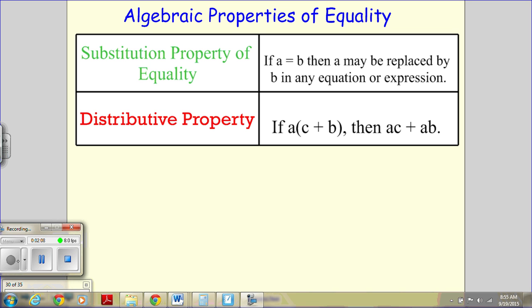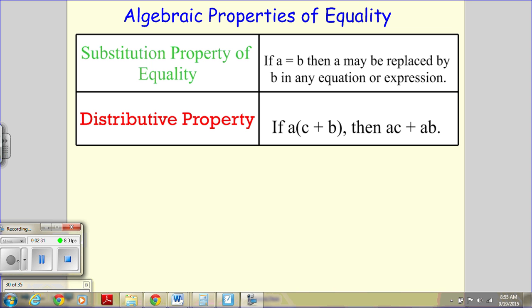The substitution property of equality says if A is equal to B, then A may be replaced by B in any equation or expression. For example, if I say that A is equal to 2, then that means every A in that problem will be replaced or substituted with the number 2.